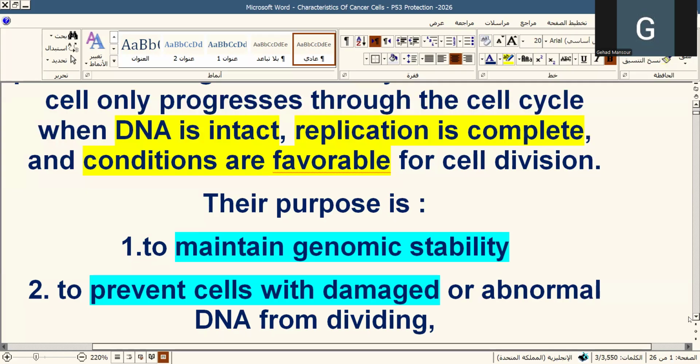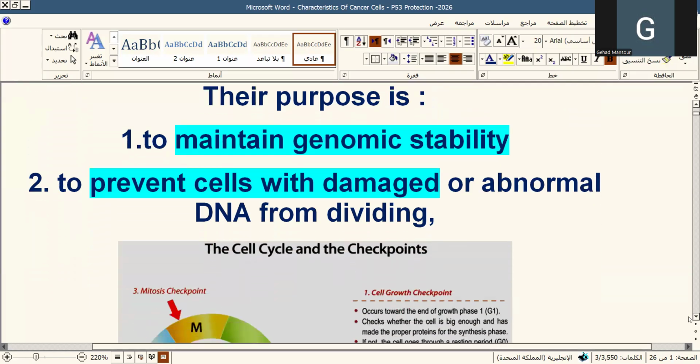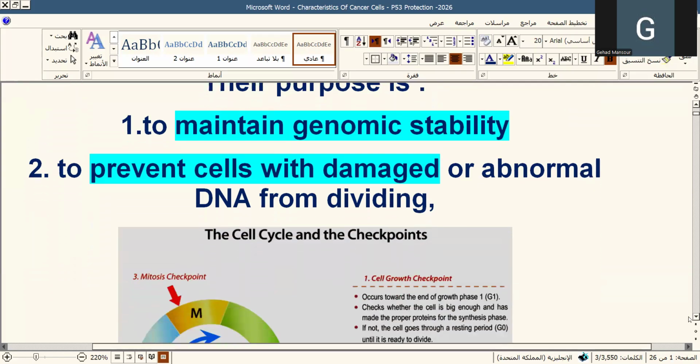meaning that the external and internal conditions should be favorable for the process of replication. Needless to say, the purpose of these checkpoints, according to what we have read in the definition, is to prevent any cell that has damaged or abnormal DNA from replication.